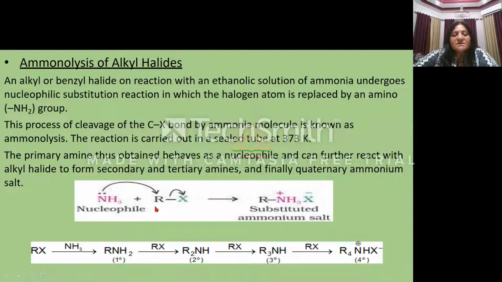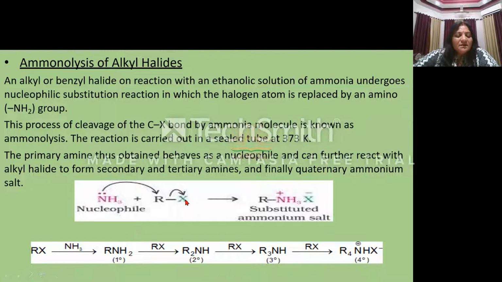Now, this lone pair of electrons attacks this electrophilic center, and this halogen leaves as halide. So first it forms a substituted ammonium salt, RNH3 positive, X negative.